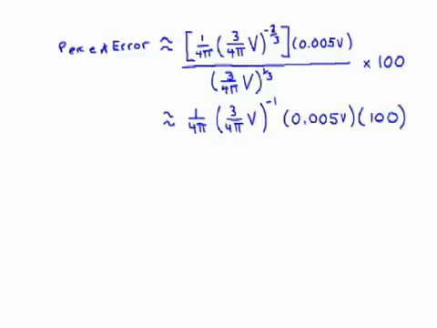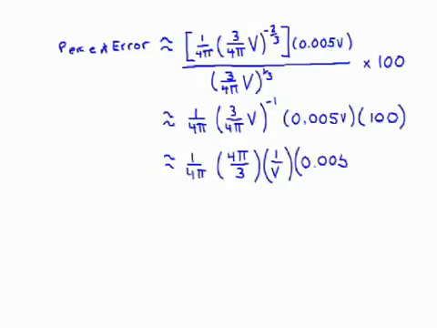In the next line, all we've done is deal with that exponent negative 1. As you know, raising something to the negative 1 merely means that you take the reciprocal of it. So we now have 1 divided by 4 pi times 4 pi divided by 3, the reciprocal of 3 divided by 4 pi, times 1 divided by V, the reciprocal of V, times the 0.005V times 100.